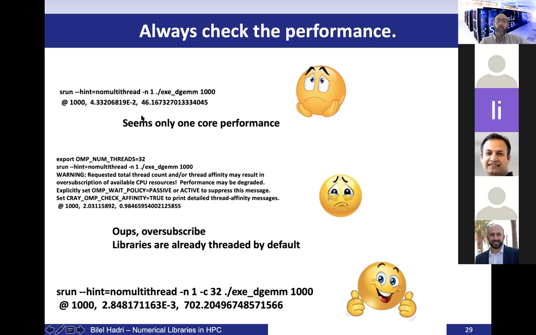So the idea is, let me do an export OMP_NUM_THREADS equal 32, and then I got a warning, and I got only 0.98 gigaflops. What's going on? You see the warning here on Shaheen: you have oversubscribed. It means you are running on one core basically, and all the 32 OpenMP threads are trying to run. So basically this is not right. Because why?